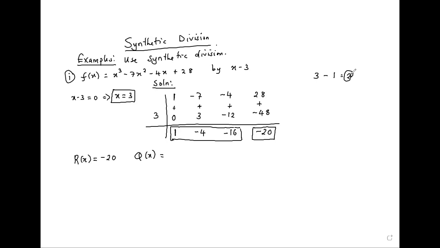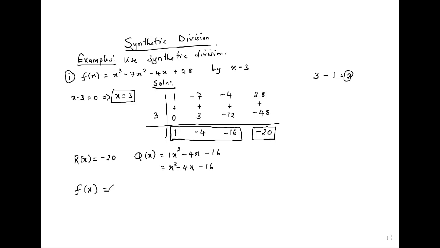Now, our variable is x. So the coefficient is 1. So we're going to have 1 multiplied by x to the power 2 minus 4 multiplied by x to the power 1 minus 16, the constant. This can be written now as x squared minus 4x minus 16. We should always be leaving our answer connected.